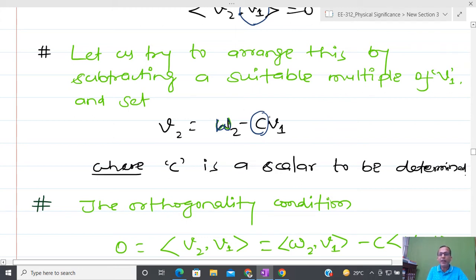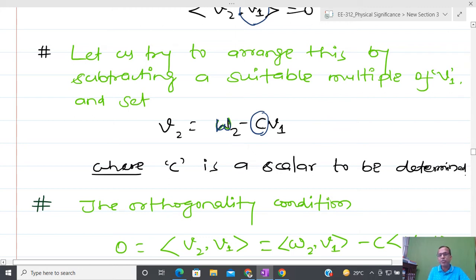But if I select c1 in the proper way, then it is possible to show that the inner product of v1 with respect to v2 and v2, not dot product, inner product, because I am talking about the generalized construction. So if I am in Euclidean space, at that time I can talk about dot product too.